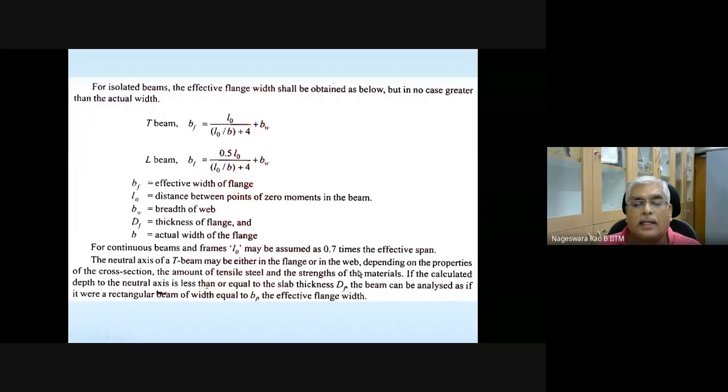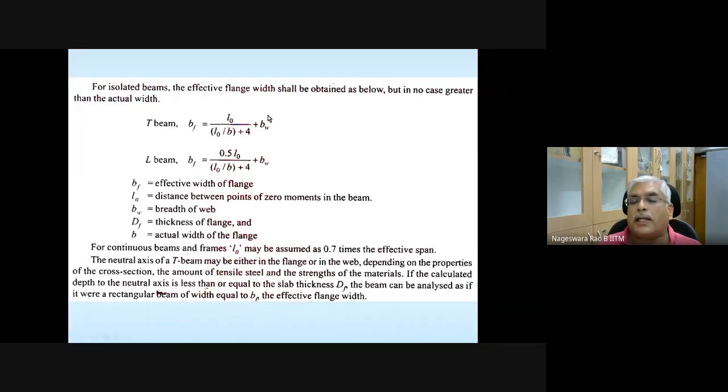If the calculated depth to the neutral axis is less than or equal to the slab thickness, in the sense of flange thickness, capital DF, the beam can be analyzed as if it were a rectangular beam of width BF. BF is given by these formulas.